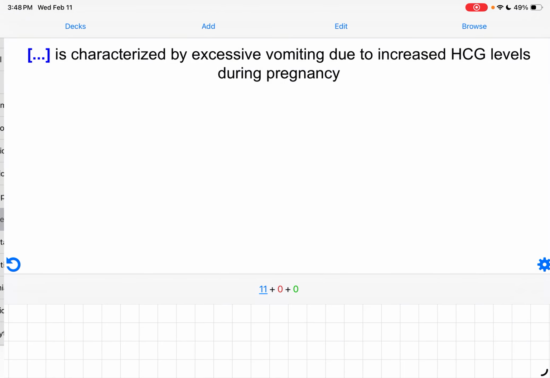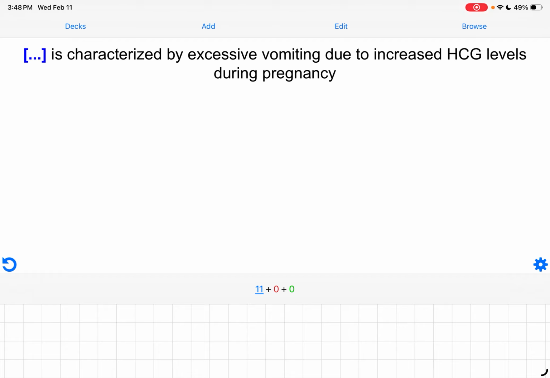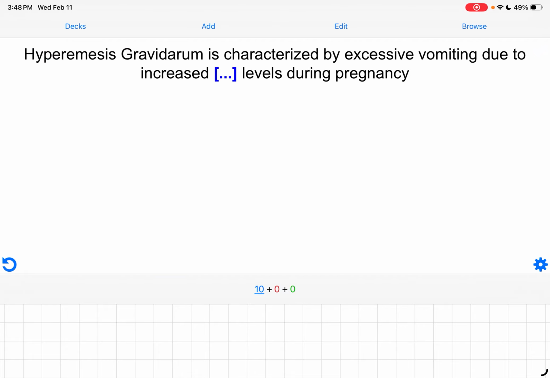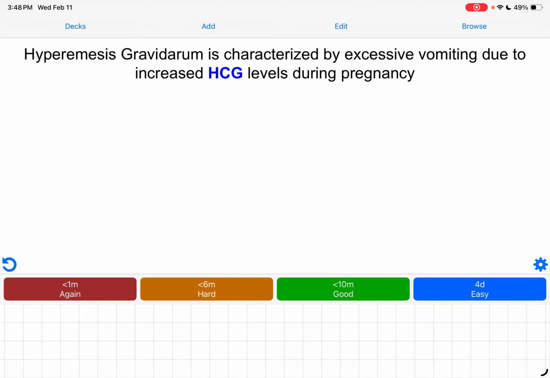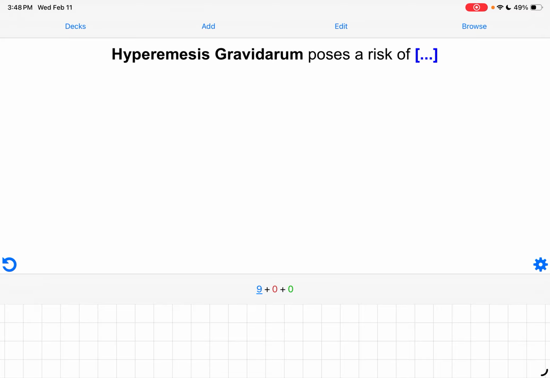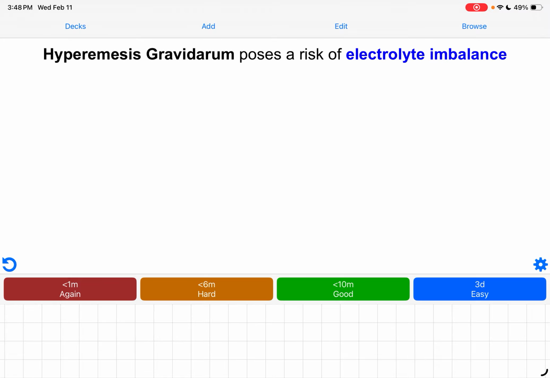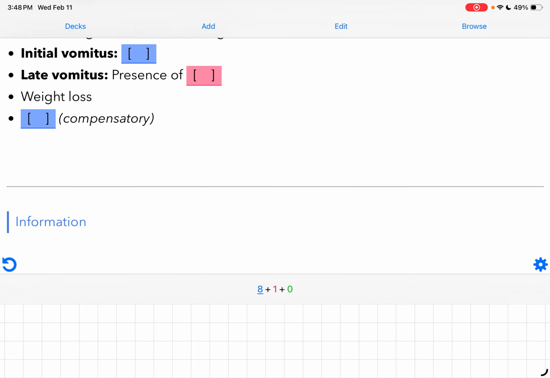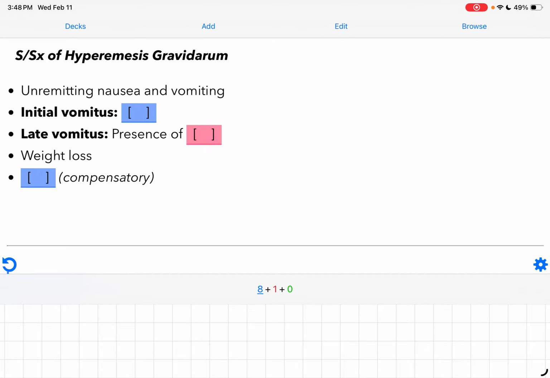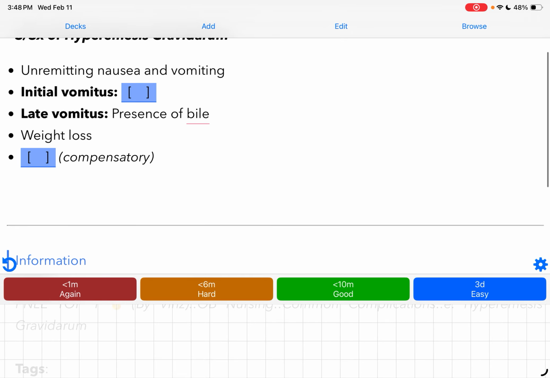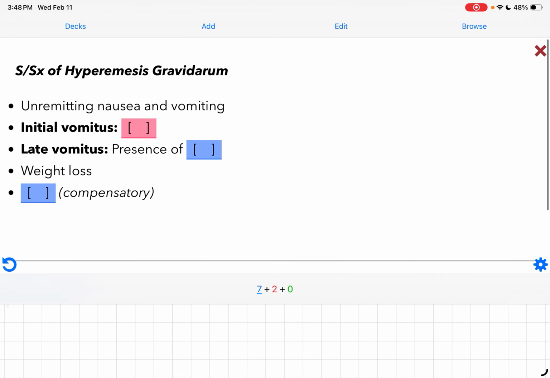So next, hyperemesis gravidarum. It's characterized by excessive vomiting due to increased HCG. It poses a risk of dehydration and electrolyte imbalance. Late vomitus has the presence of bile.